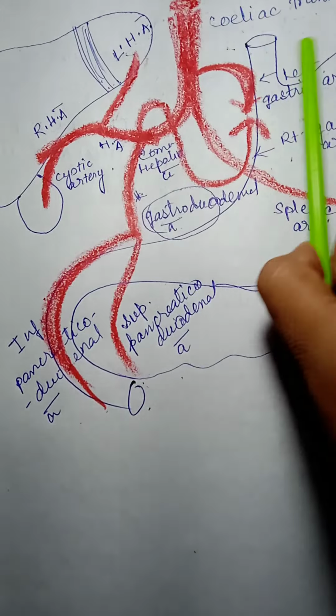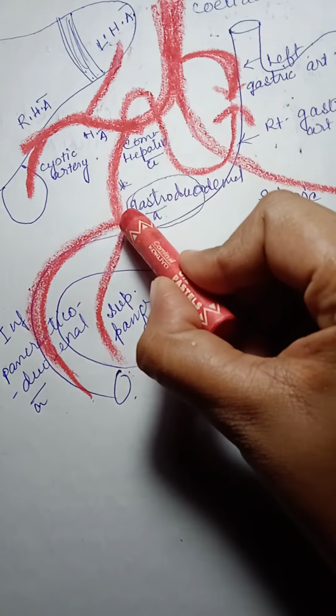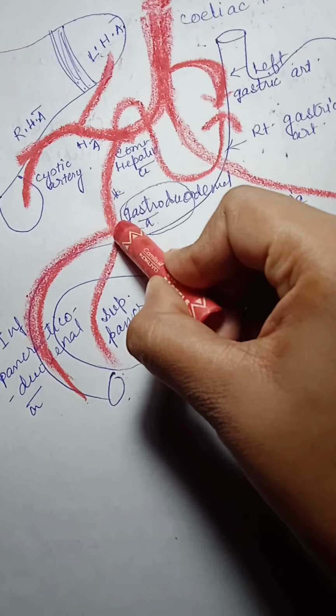One more branch that arises from the gastroduodenal artery is this way.